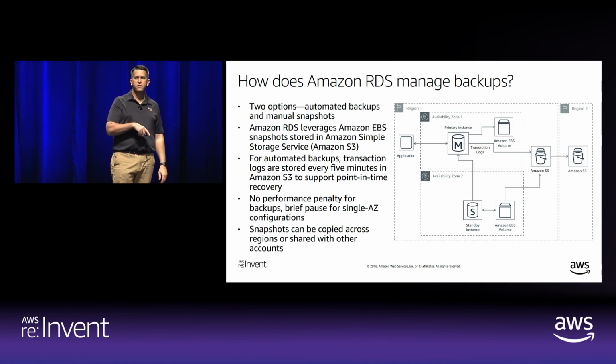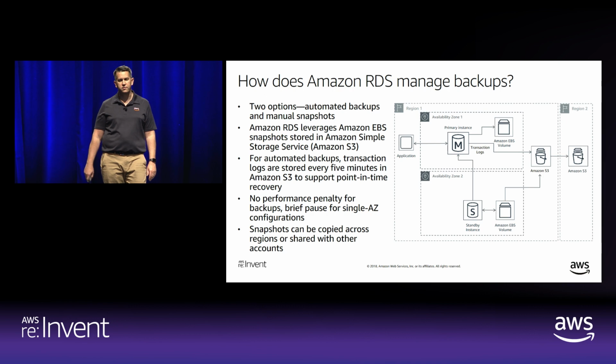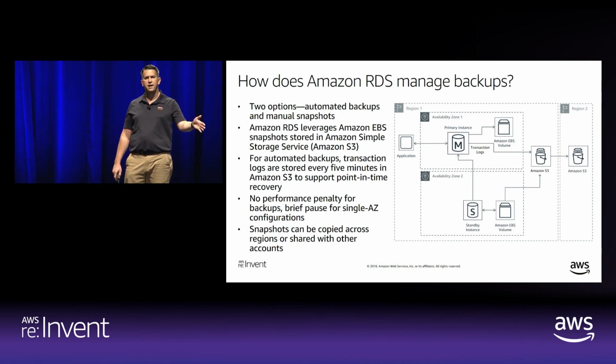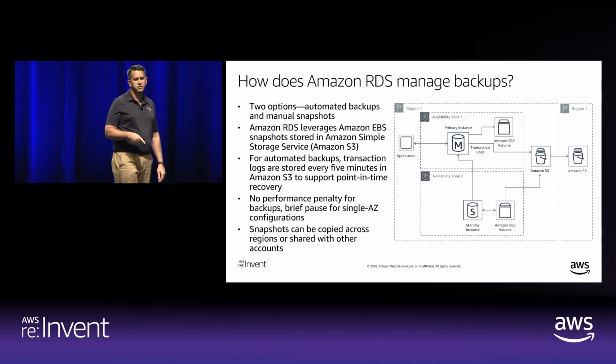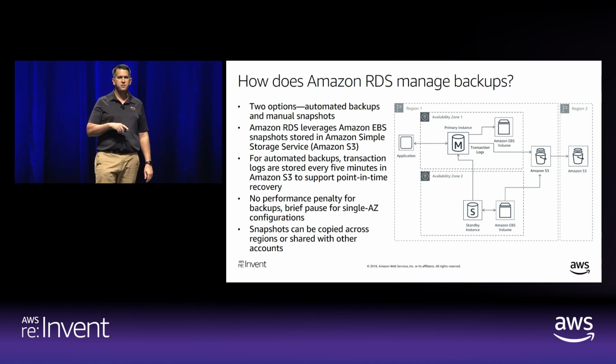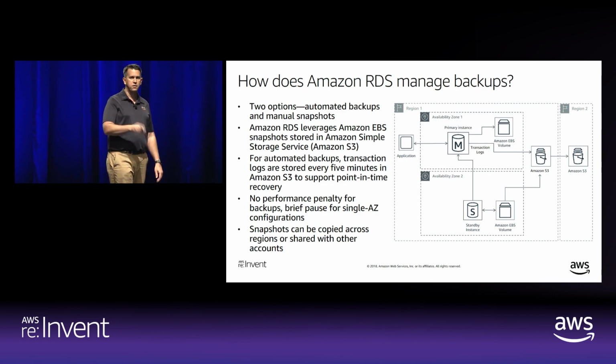We have a property on the instance that will tell you what the latest restorable time is. So that's really useful to see if there's any lag in those backups. Now, for backups, there's no performance penalty, especially if you're using multi-AZ configuration. So what we're doing is we're taking the backup, the snapshot, off of that secondary instance. And so there's no impact at all to the primary.